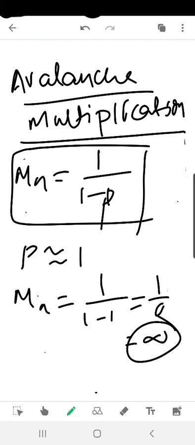If an infinite number of electrons are available, the current will increase infinitely. There will be no limit on the current. So we will get infinite current across the device, across the PN junction, and our junction will get destroyed. Fine. So this is our avalanche multiplication. This is all from our reverse bias topic.